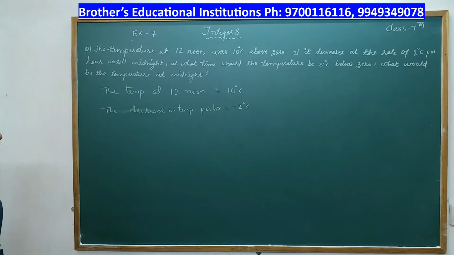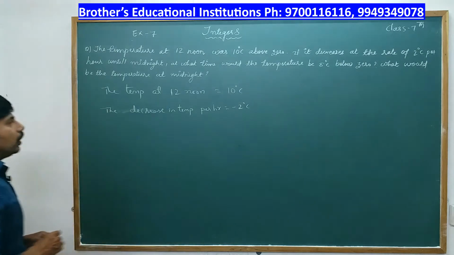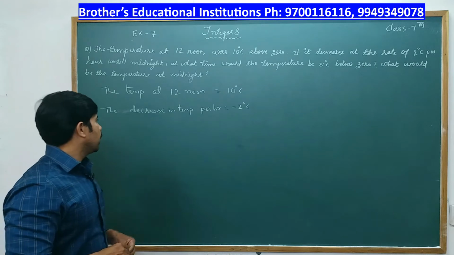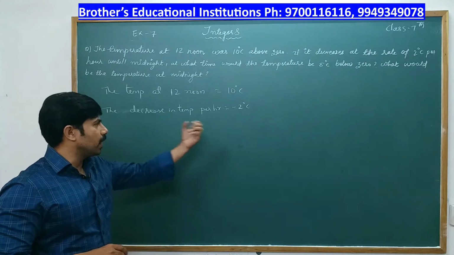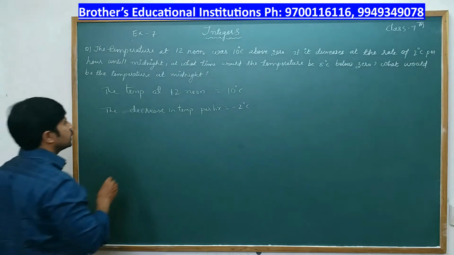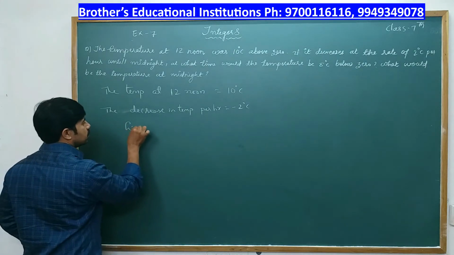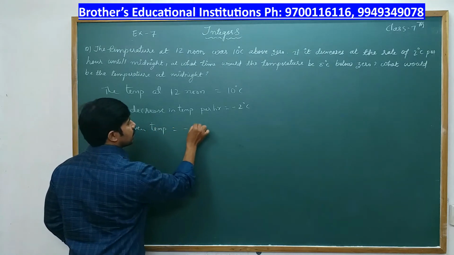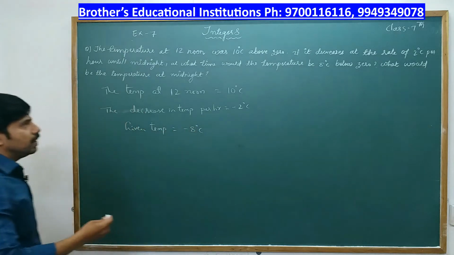So at what time will the temperature be minus 8 degrees Celsius? Now the present temperature at 12 noon is 10 degrees Celsius, and we mention this minus 8 degrees Celsius as the given temperature, because it is below zero.